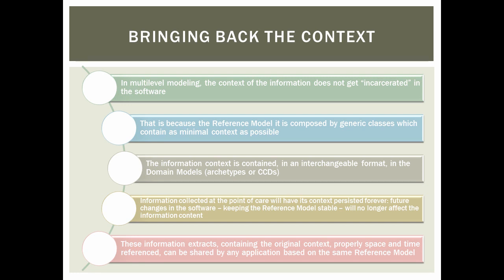And so, what's more important for semantic interoperability between systems is that those information extracts that contain that original context, properly space and time referenced, can be shared to any other application. If they are based on the same reference model, that information extract will be understood and will be semantically valid on the other systems.